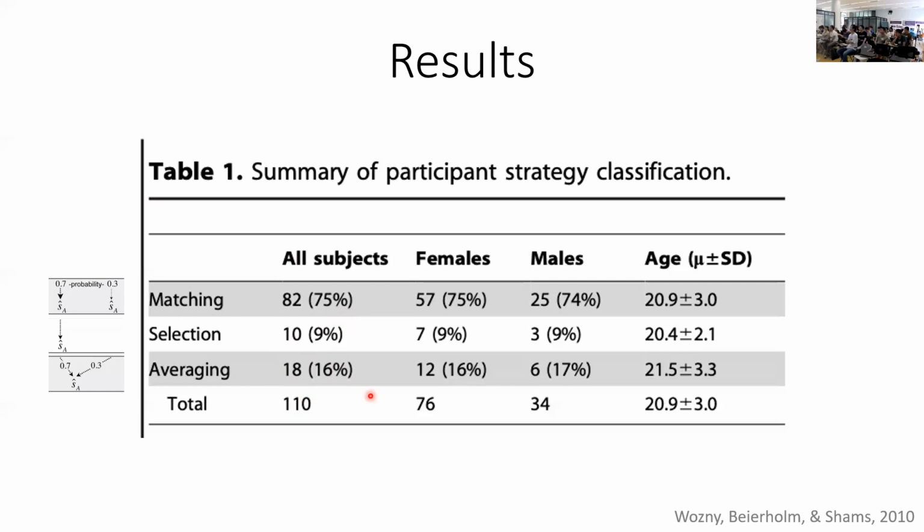I was trying to use this example to show that what you can do with Bayesian models is you could frame a Bayesian model, but you could add something that's not so Bayesian, like some decision bias.